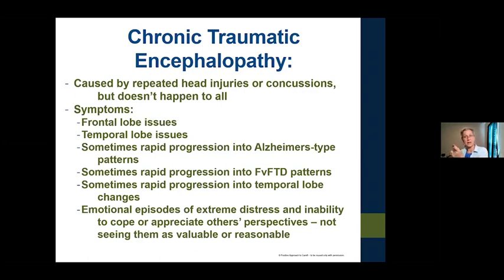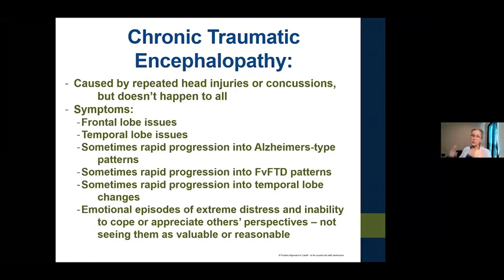Learning and memory, learn and remember, find your way and keeping up with time. Or we might instead see a rapid progression into the frontal variant of FTD. So the kind of things that we would only see with FTD, but it's a very rapid progression. It happens quick. The third could be that we just switch over and we mostly have temporal lobe rapid progression.